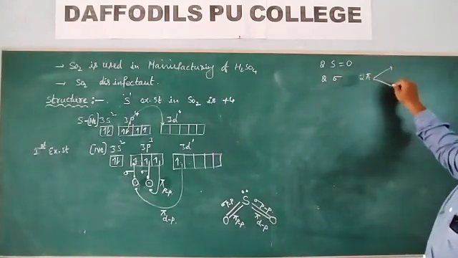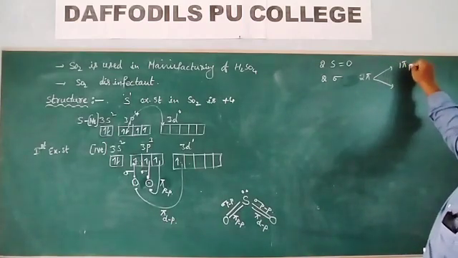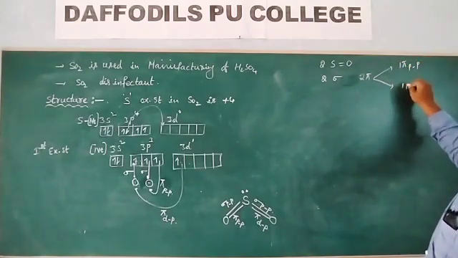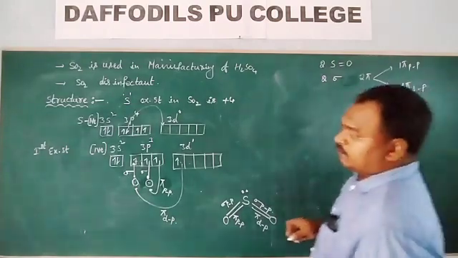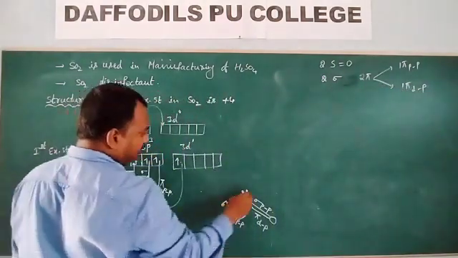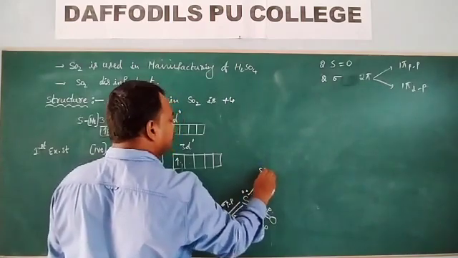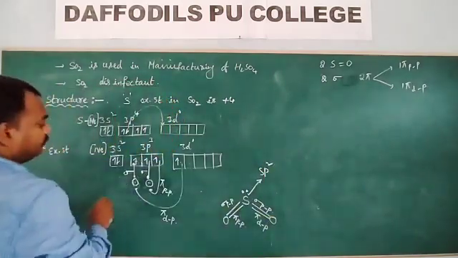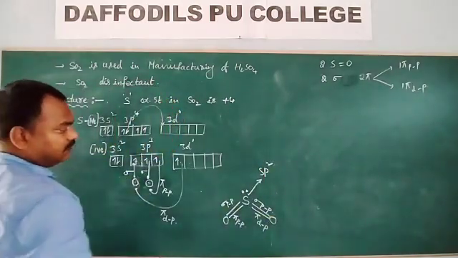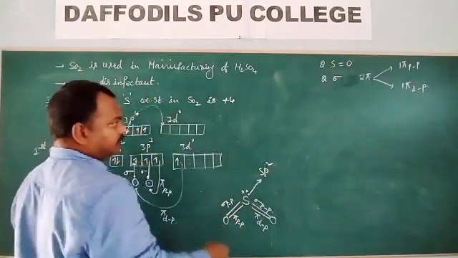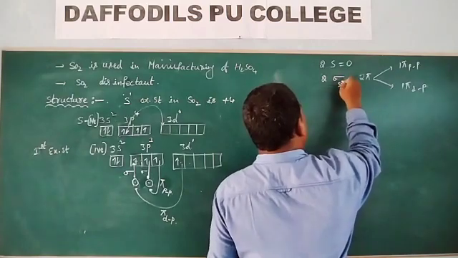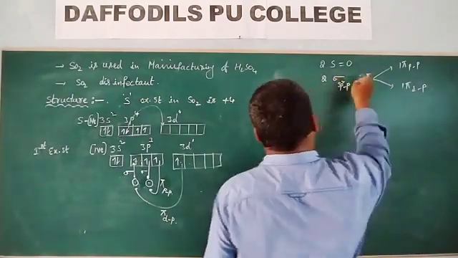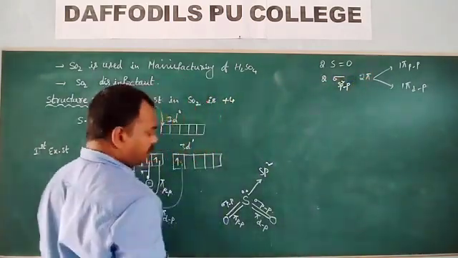Among these 2 pi bonds, 1 pi pp bond is there, 1 pi dp bond is there. In sulfur dioxide, this sulfur is in sp2 hybridization. So these sigma bonds are sp2p bonds, 2 sigma sp2p bonds.